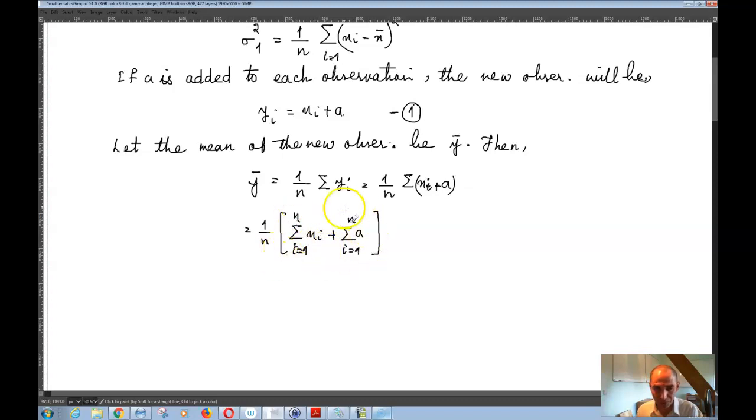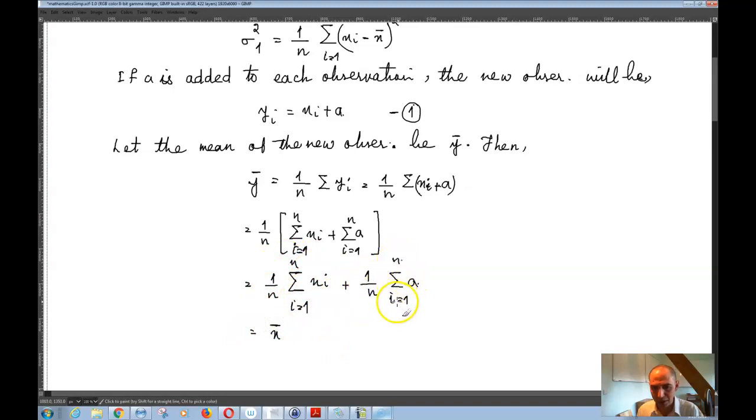So if I multiply this by these two terms, what I will get is 1 divided by n times the sum of x of I as I goes from 1 to n, plus 1 over n times the sum of a as I goes from 1 to n. So you know that the sum of x of I divided by n is just simply x bar.